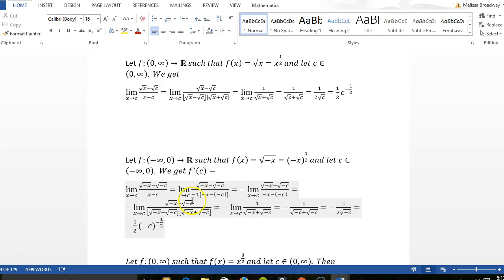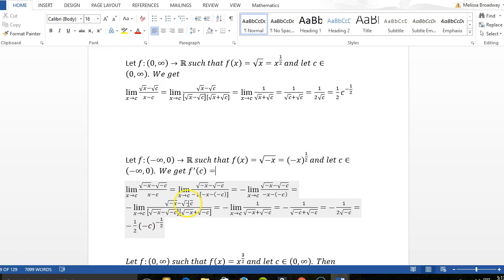The next thing I do is, see this negative 1 right here, guys? I take it out here as a minus sign. So this negative sign is understood to be a multiplier of negative 1. Now, you're probably still not feeling all that warm and fuzzy inside, but now here's the hard step. So I have the same old negative lingering out here, the same limit as x goes to c.